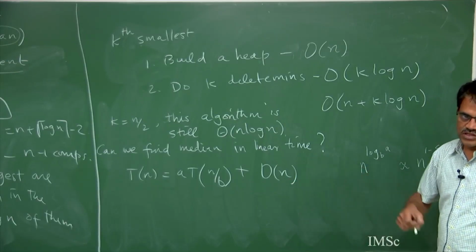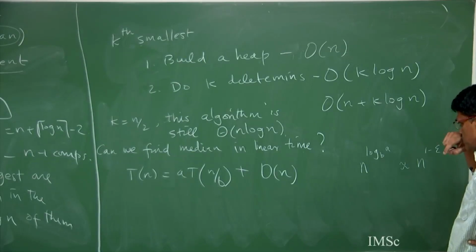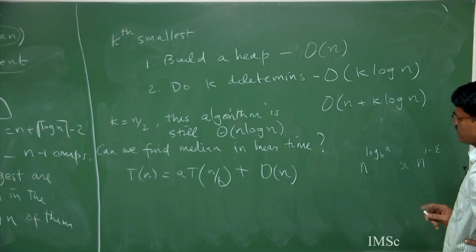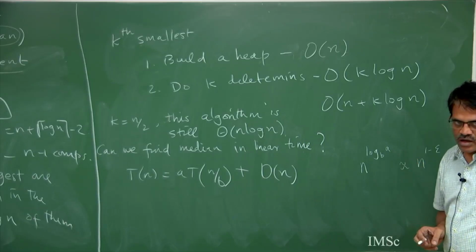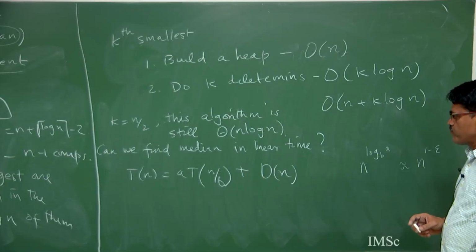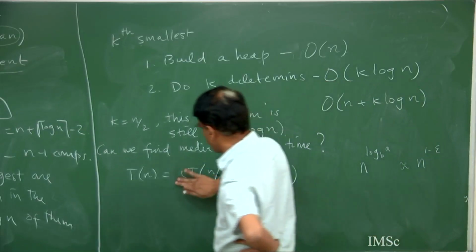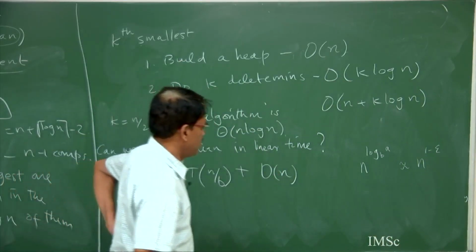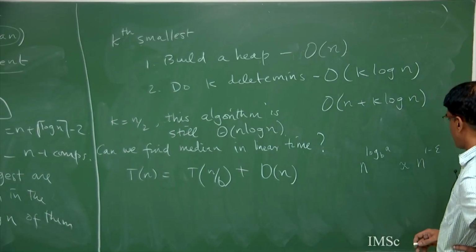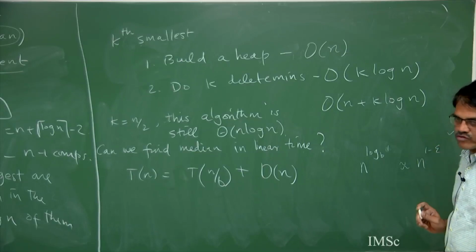So, you are just saying a is less than b, where b is greater than or equal to 1. Suppose I put a equal to 1, then whatever b I have, that is at least good enough.